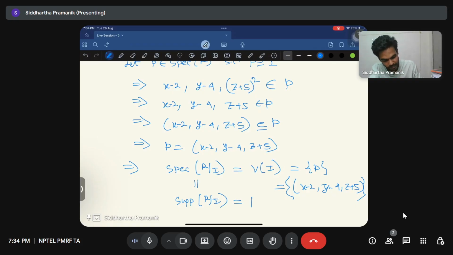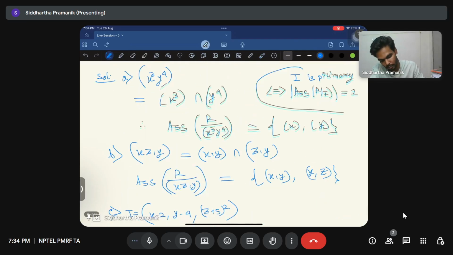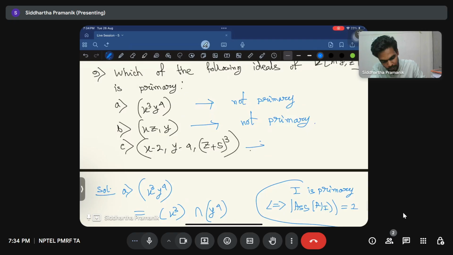So this will be the same as the associated primes of R mod I. It is a singleton set, and it has to be, because associated primes is a subset of support, and it has to be non-empty because the quotient ring is non-zero. So this is a primary ideal.